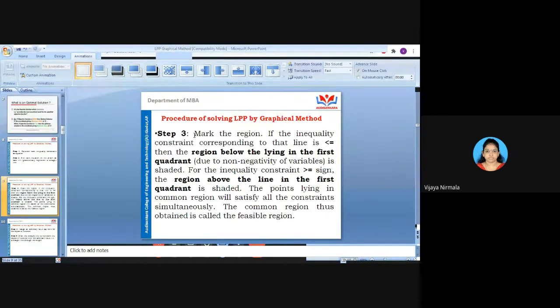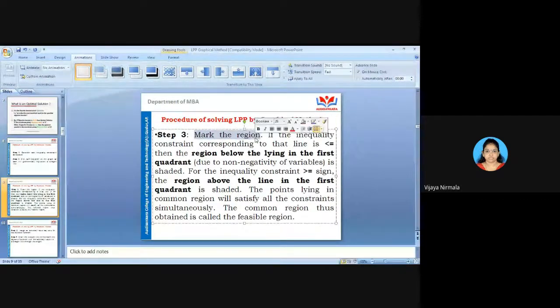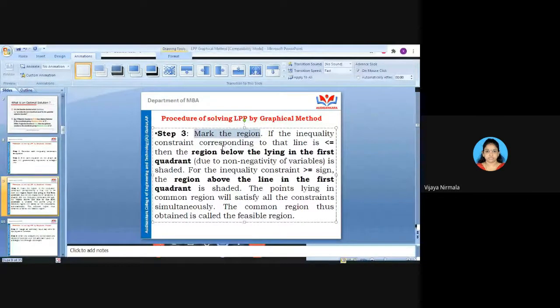Next, step 3, mark the region. If the inequality constraint corresponding to that line is less than or equal to, then the region below the line in the first quadrant must be shaded. Why?